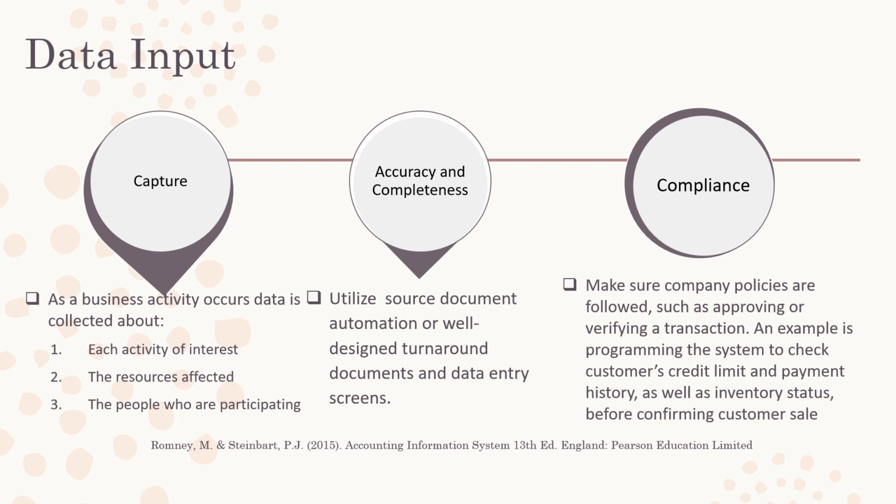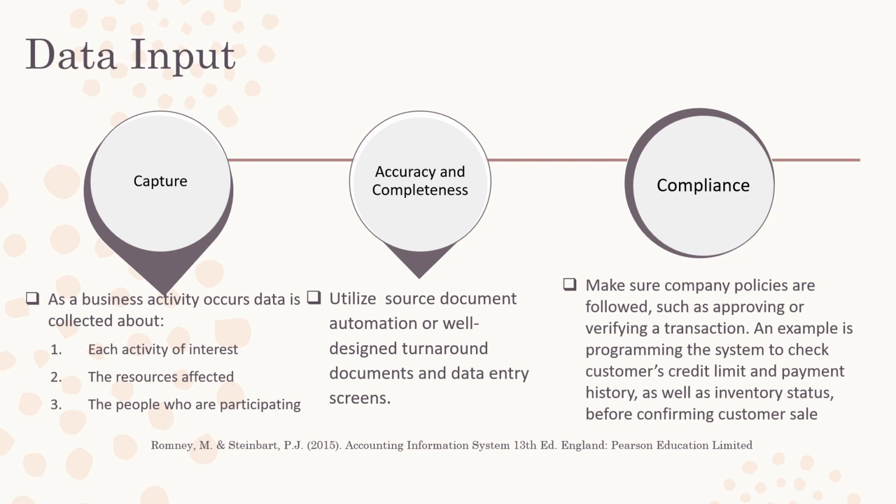And then we want the data that are captured to be accurate and complete. So we must utilize automation as much as possible. Our source documents are automated, or we will design well-designed turnaround documents. And of course, we also have some data entry screens or the data entry check.